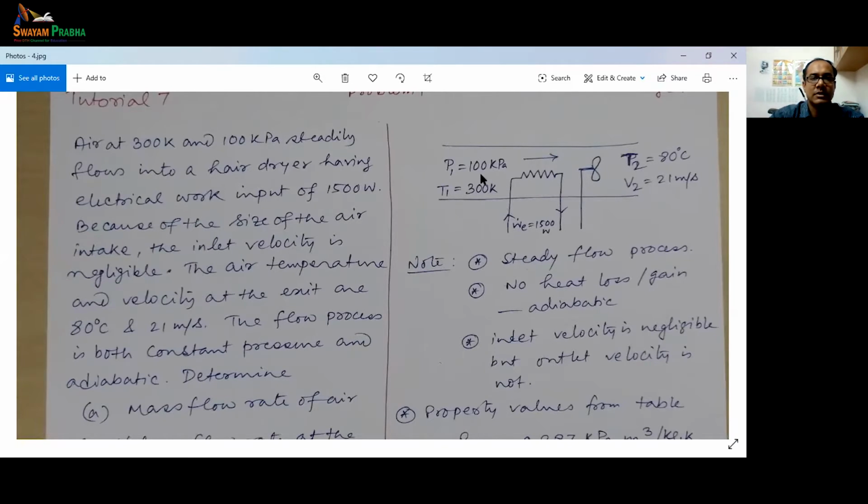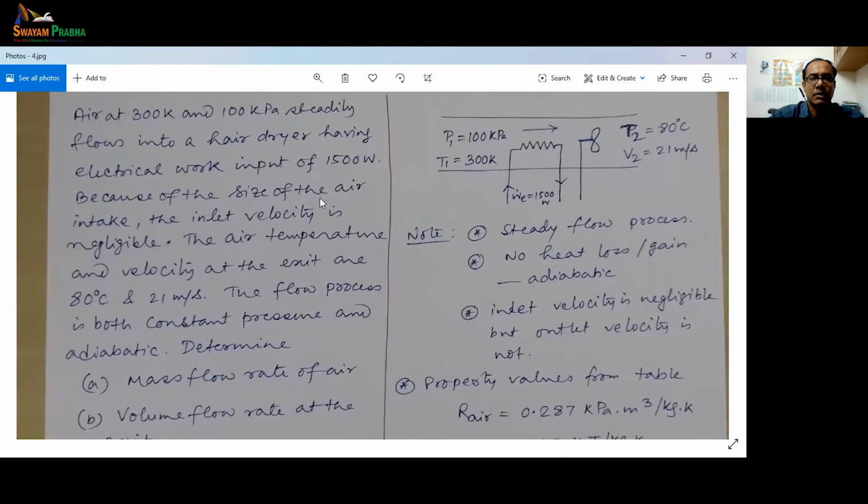From one side air is sucked in, at ambient temperature and pressure: 300 Kelvin means 27 degrees centigrade, and 100 kPa is closely 1 atmosphere. So atmospheric air is taken in by the hair dryer, and you are putting in electrical work input through the electrical heater, and that amount is given as 1500 watt.